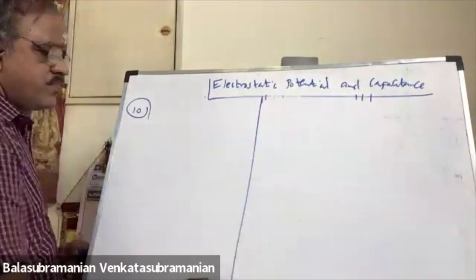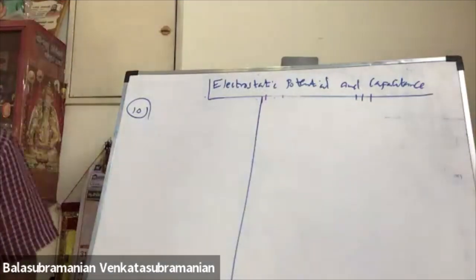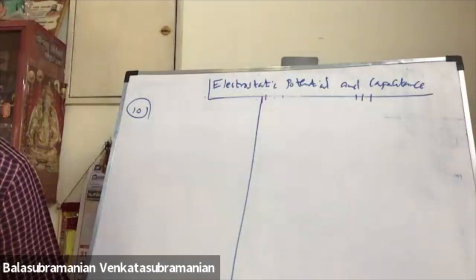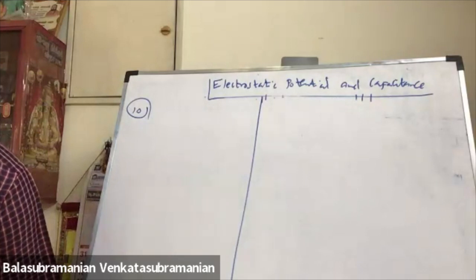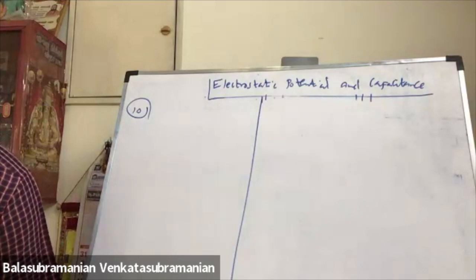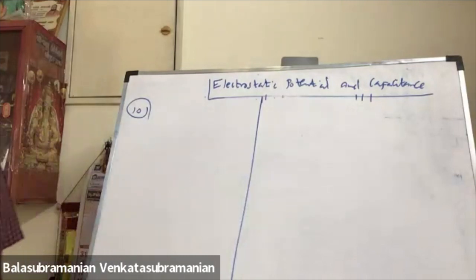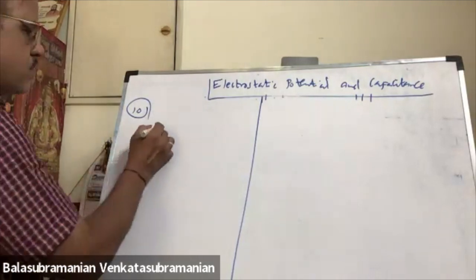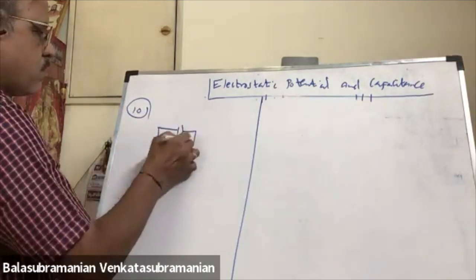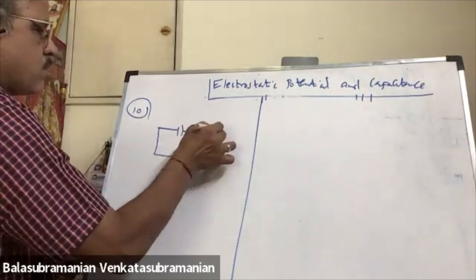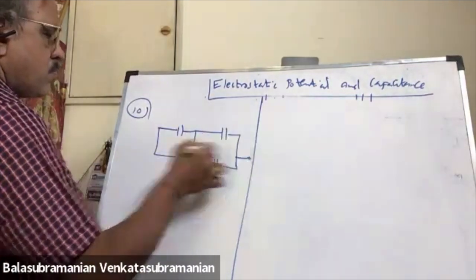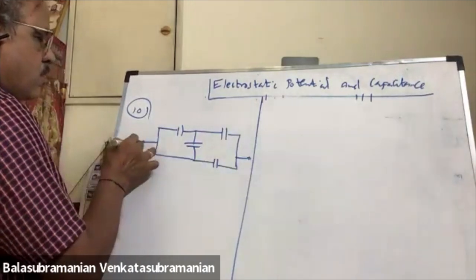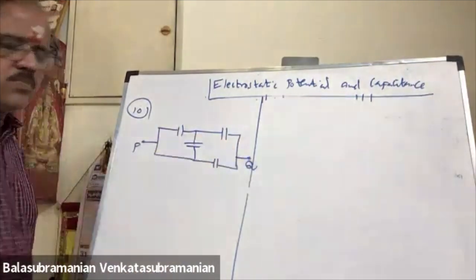10th one. 4 capacitors are connected in a circuit as shown. Find the capacitance between P and Q. Between P and Q, you have to calculate.